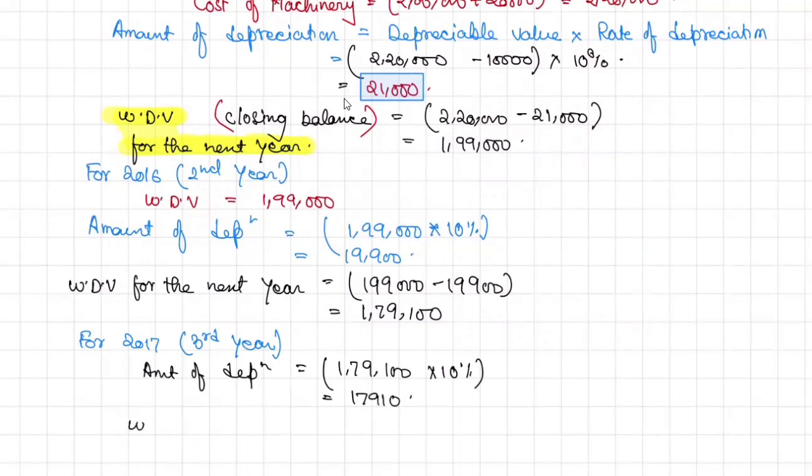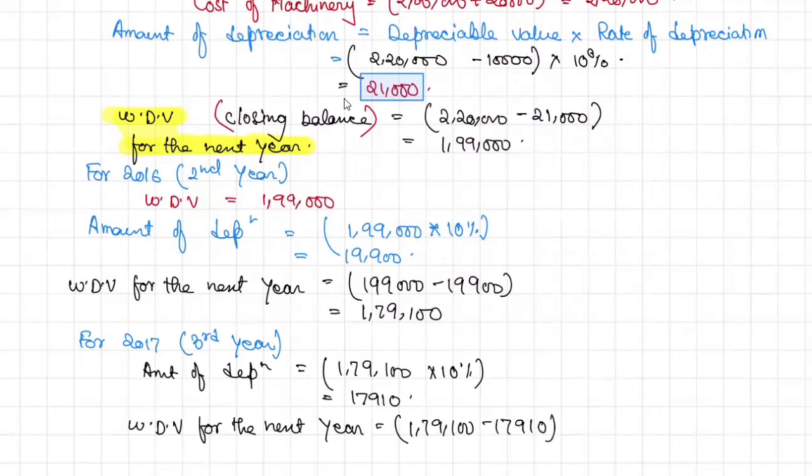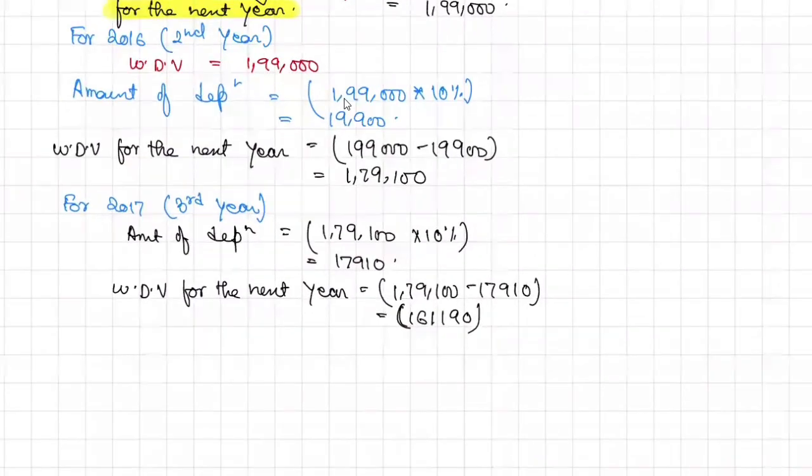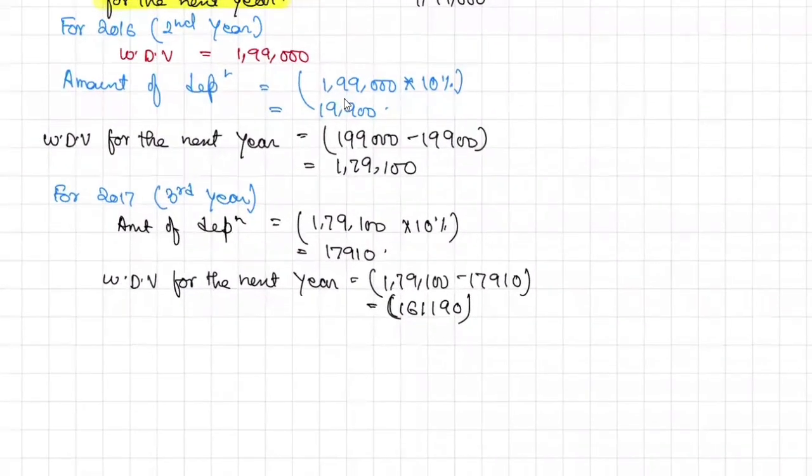Correct. So what will be the WDV for the next year? It will be 1,79,100 minus 17,910, which is 1,61,190. This will be the WDV for the next year.